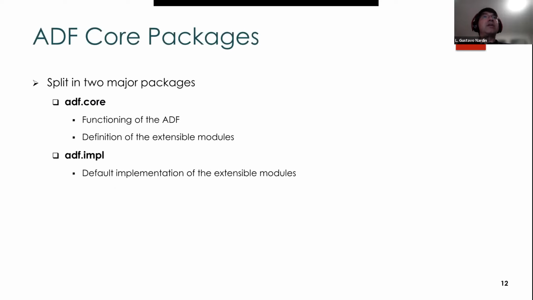What I wanted to enter into is the structure of the ADF framework, because it is a little bit different from the Java API or the Python API, where you have just an API and you call the commands and implement all the functionality and behavior of the agent. With the ADF, many things come embedded into the framework, so you don't need to implement many things that you would need to implement if you were using the Java or Python API.